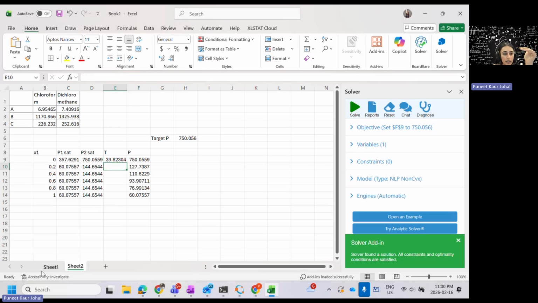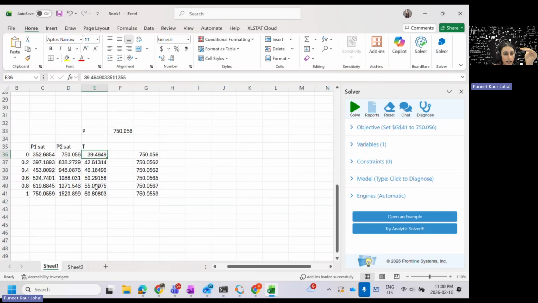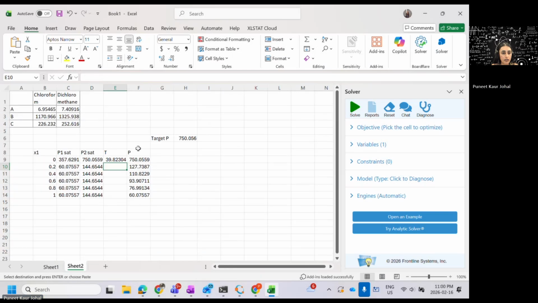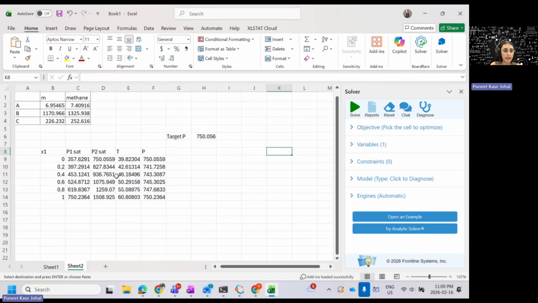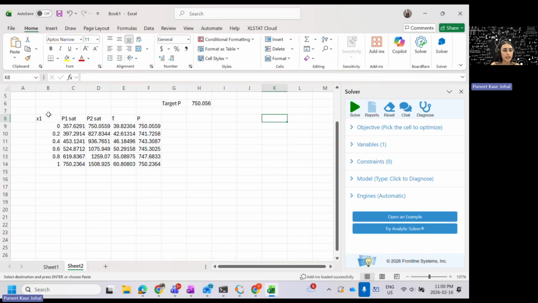I actually already did it on sheet 1, and these are the values that we're going to get if you continue doing this.